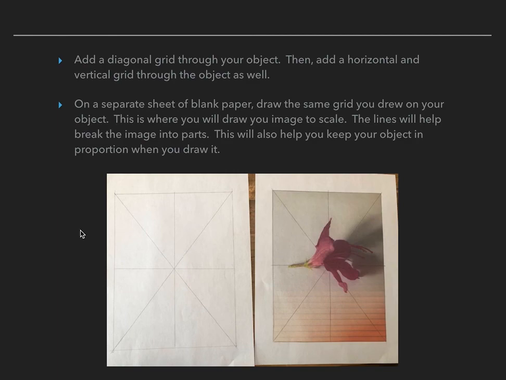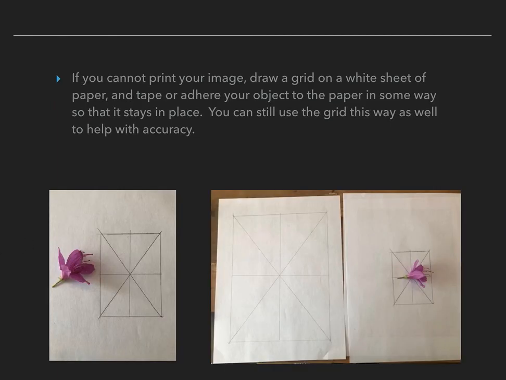And I will show you in the video a little bit later on how we do this. If you don't have a printer, you can draw a grid, roughly in proportion, the same size as the 8.5 by 11.